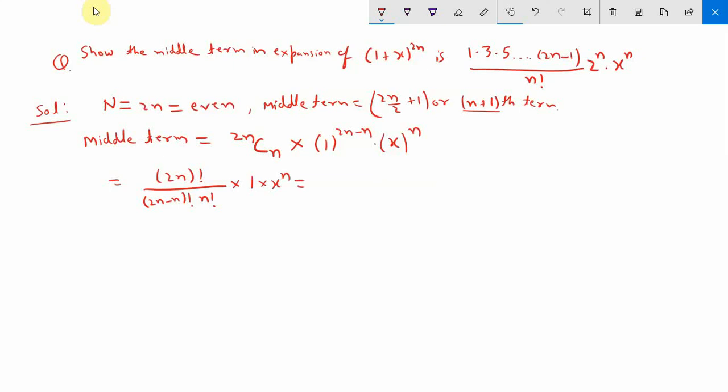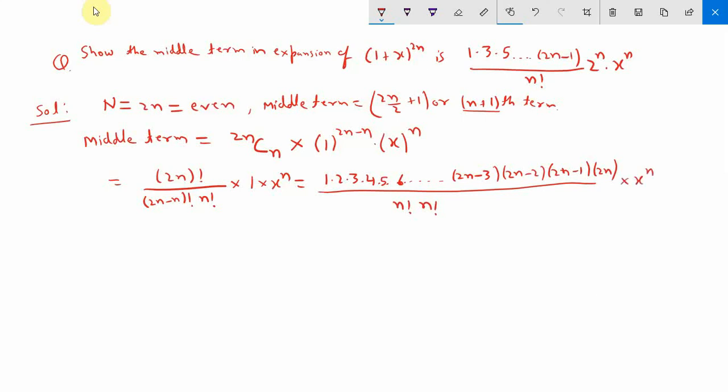So this 2n factorial we can write as 1 into 2, 3, 4, 5, 6, and we will go up to 2n minus 3, 2n minus 2, 2n minus 1, and the last term will be 2n, divided by n factorial and one more n factorial, into x to the power n.